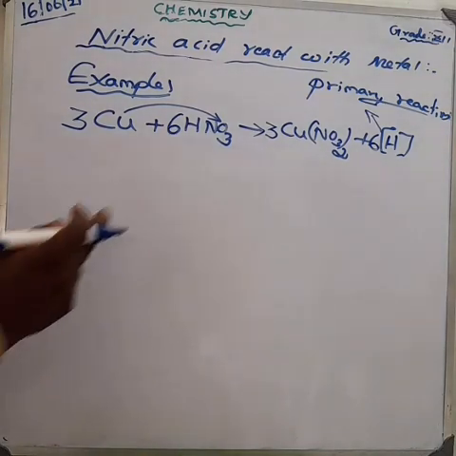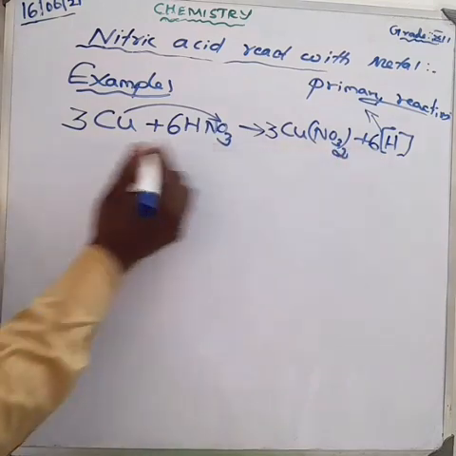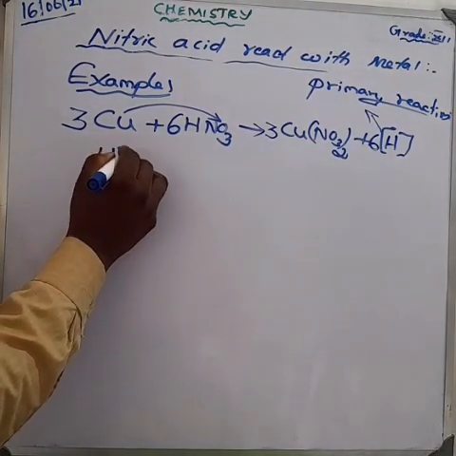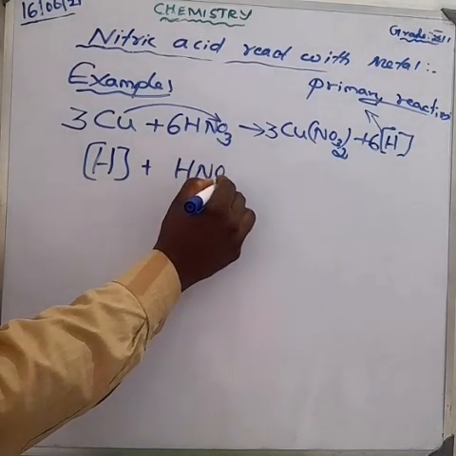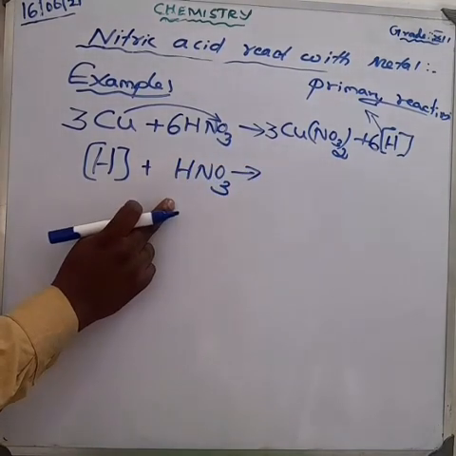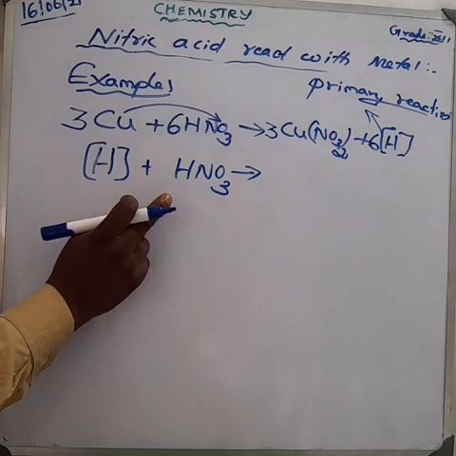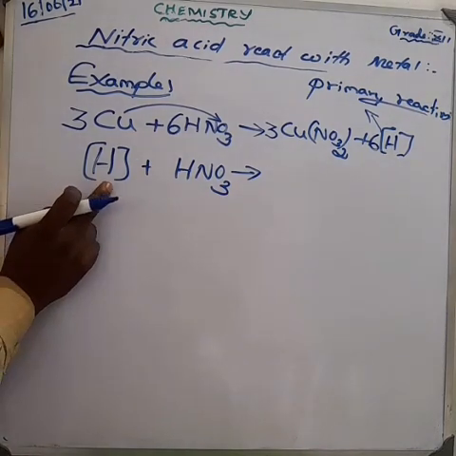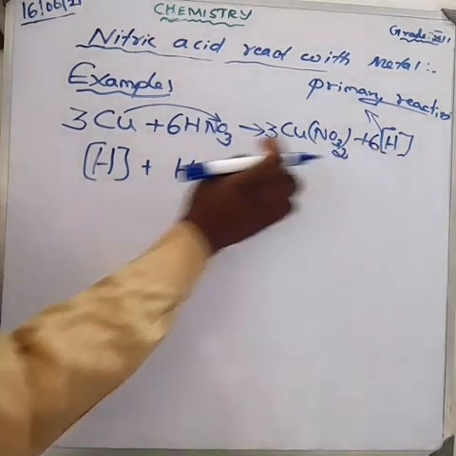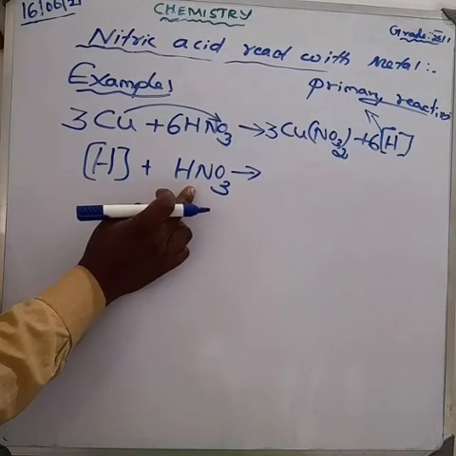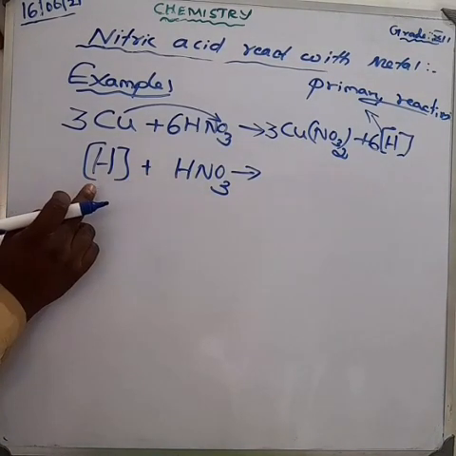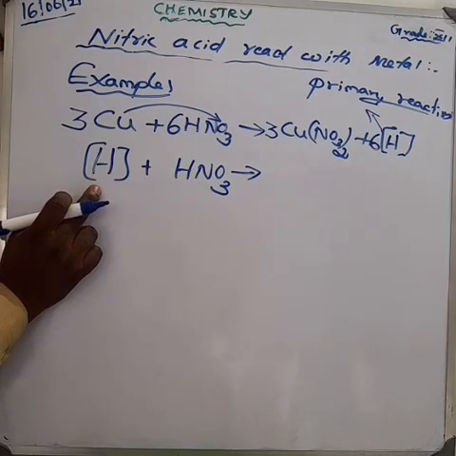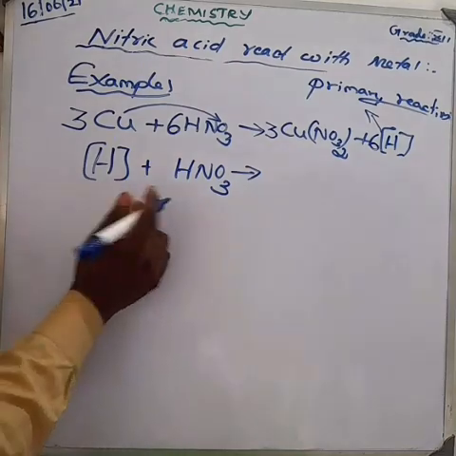Second reaction. I told you that the nascent hydrogen reacts with some unreacted nitric acid which is present from the primary reaction. Here I am taking nitric acid, HNO3, that reacts with nascent hydrogen, enclosed in a square bracket.